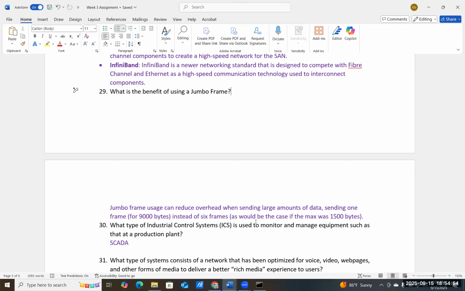If I have a very large file that's broken up into many frames, pieces, remember what I said, raw data is in chunks. So instead of having multiple, they can have one big bulk, which is going to be 9,000 bytes.